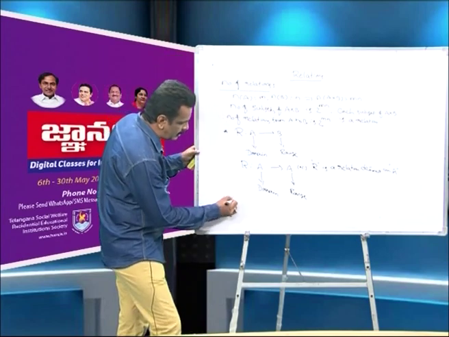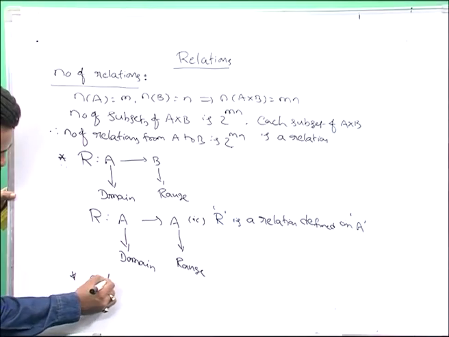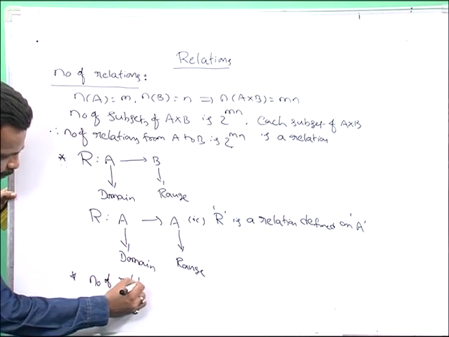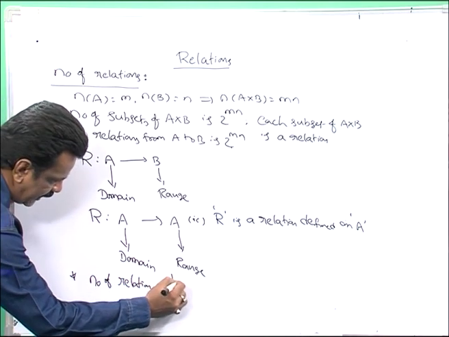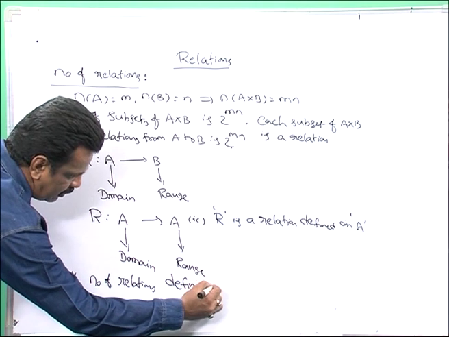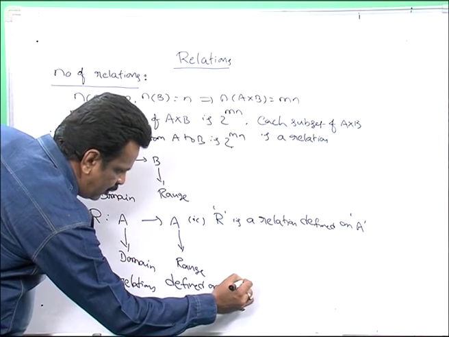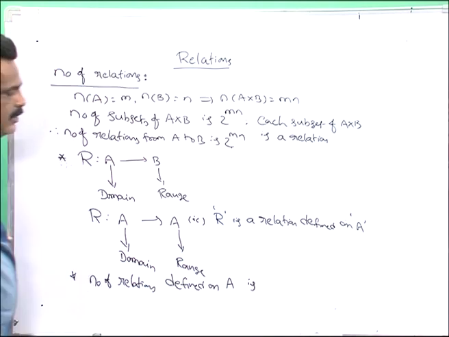We can see here the number of relations defined on A is how much?